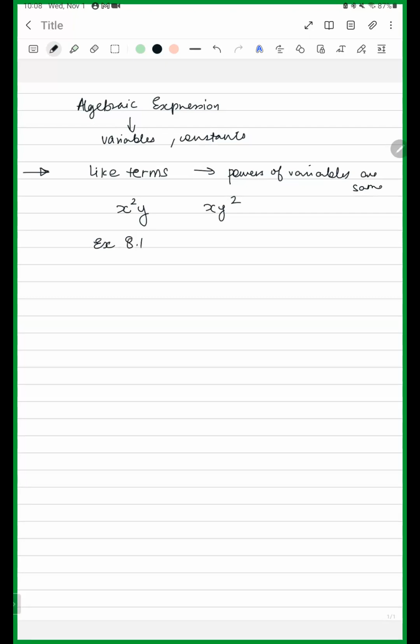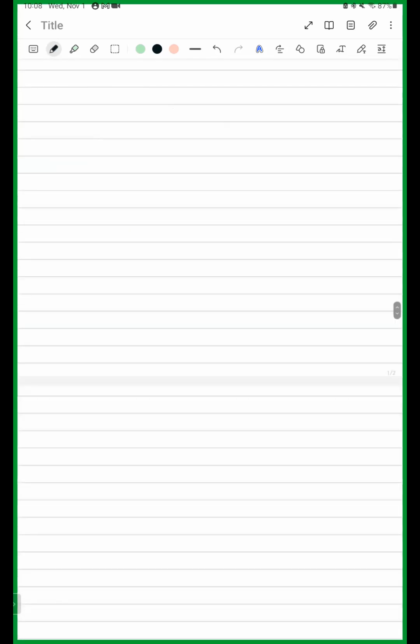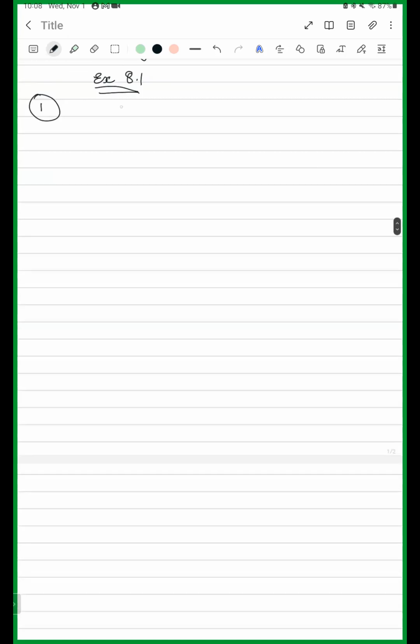This first exercise is just very basic stuff that you have already done in the previous classes, so it's just a revision. By the way, can you explain what monomials, binomials, and polynomials are? You studied this before, but let's just revise it. Mono means one, so where there is only one term, it's called a monomial.